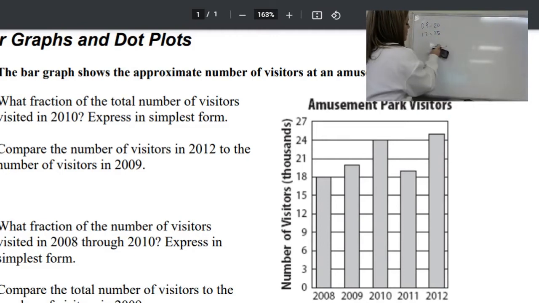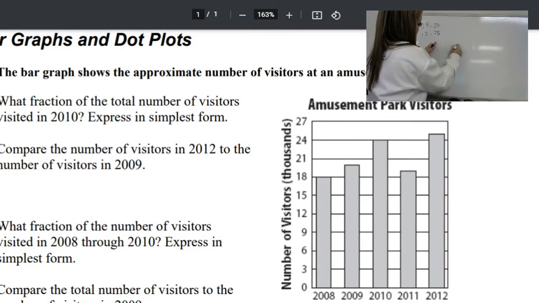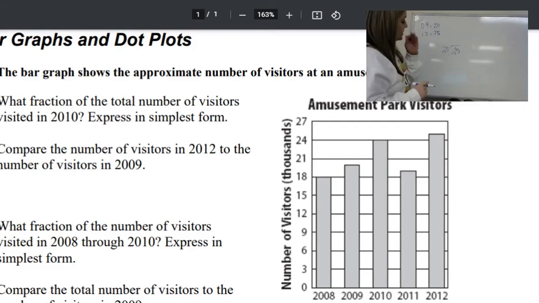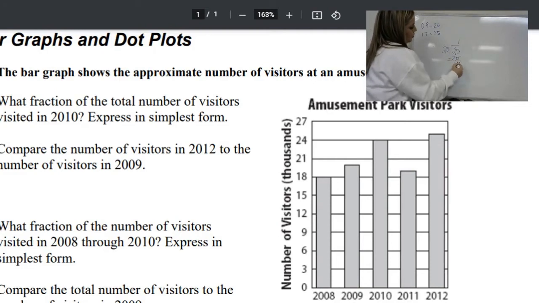So what I'm going to do is divide these. I'm going to put 25 in and 20 out. I want to see how many times visitors. 20 will go into 25 one time, and we're left with 5 over. Now 20 will go into 50 2 times. 2 times 20 is 40. 50 minus 40 is 10.